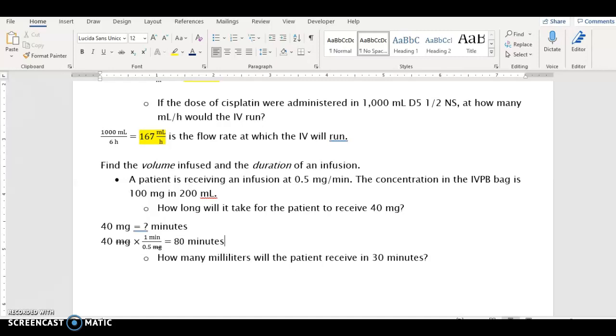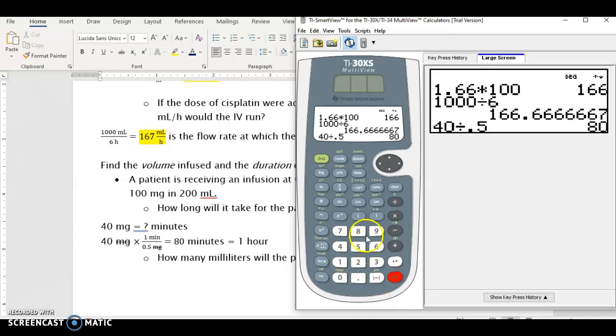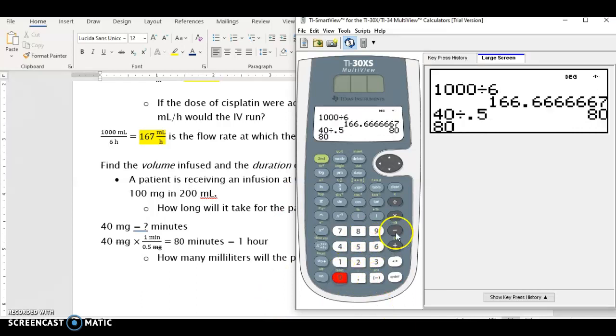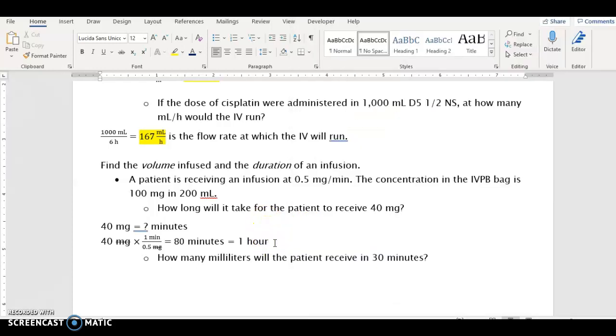So if you want to convert this time into hours and minutes, you can. Since 1 hour is 60 minutes, and 80 minus 60 is 20, you have 1 hour with 20 minutes left over. So in other words, it'll take an hour and 20 minutes for the patient to receive 40 milligrams.